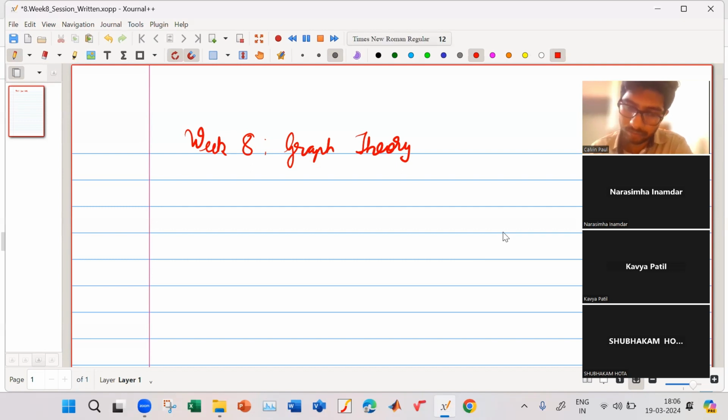But overall, graph theory is a very vast subject, and it is mainly used where we have a lot of interconnections.